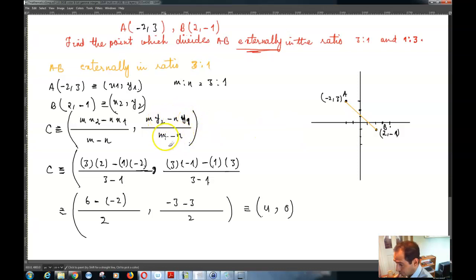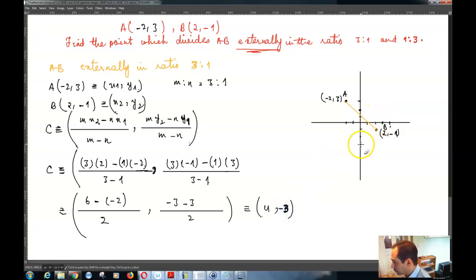my2 minus ny1 over m minus n. This is negative 3 minus 3. That's negative 6 divided by 2. That's negative 3.